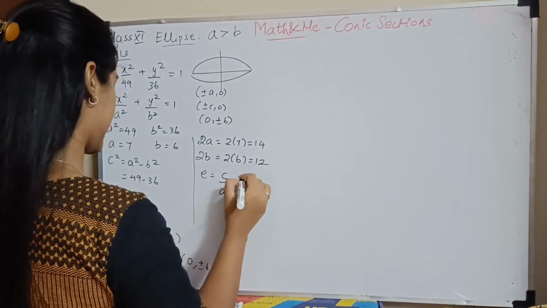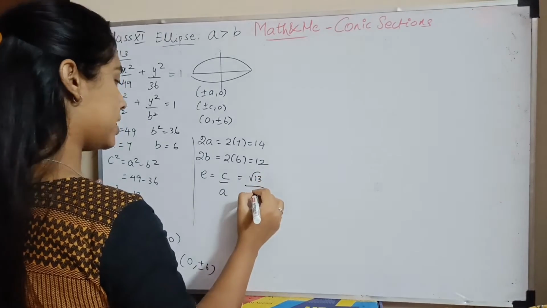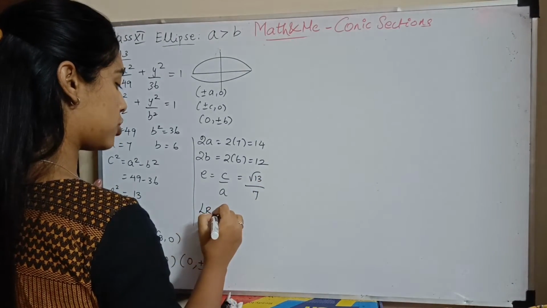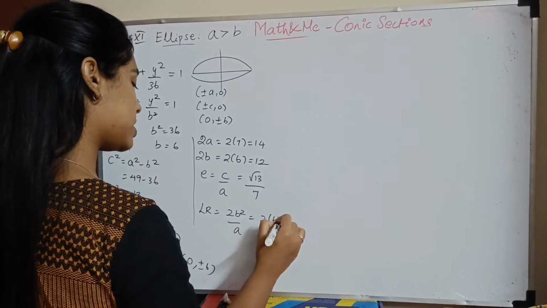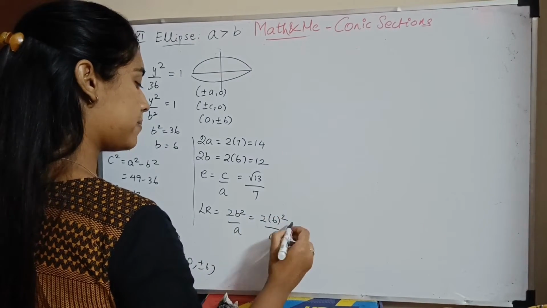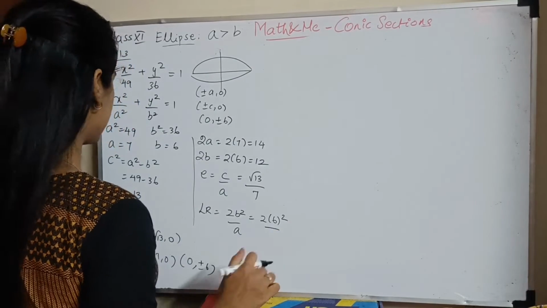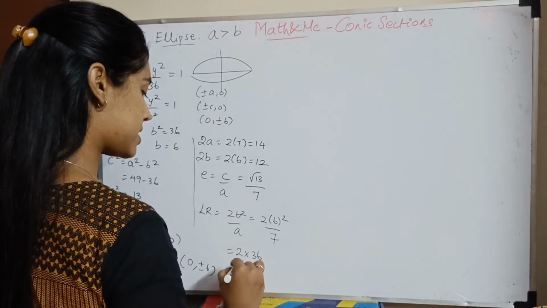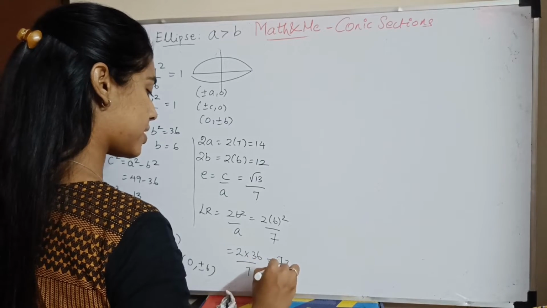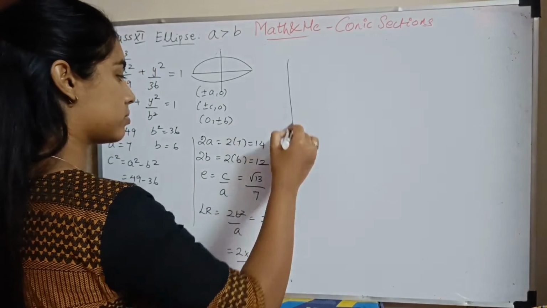Eccentricity is c by a, which is root 13 divided by 7. Length of the latus rectum is 2b square divided by a, which is 2 times 6 square divided by the value of a, which is 7. So this is 2 times 36 divided by 7, which is 72 divided by 7.